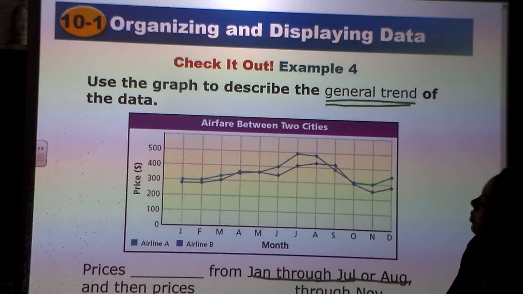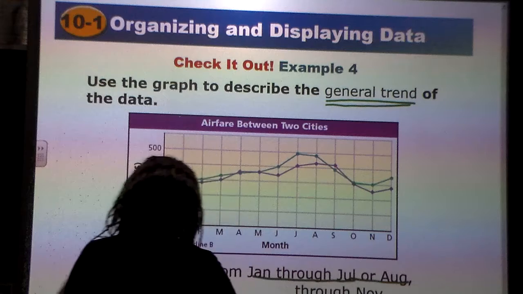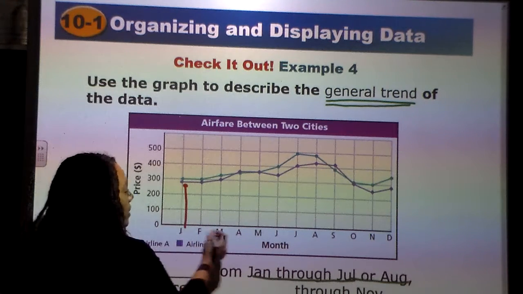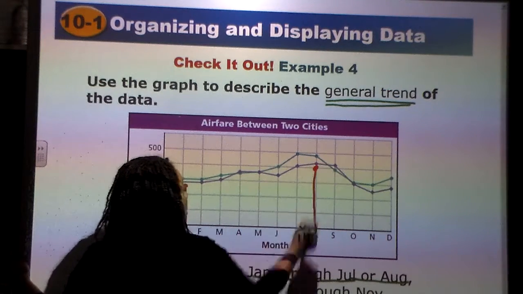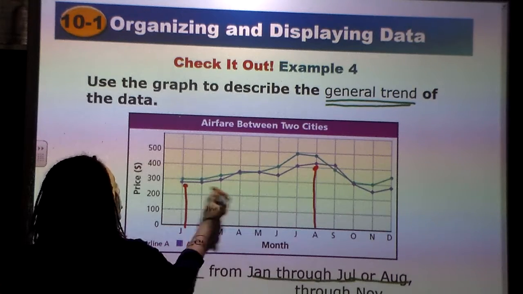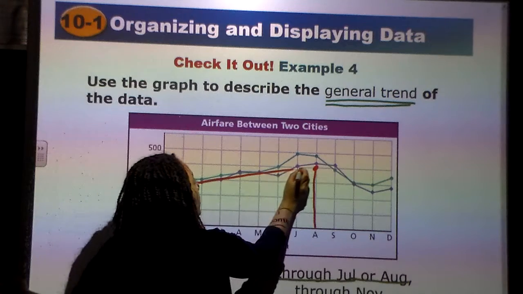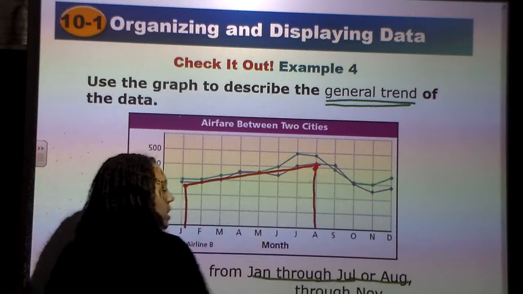So what do they do from January to July or August? I'm going to mark here for January. This is where we're at. And then to July or August, roundabout in this range. If I see where they're at, the general trend is that from this area to this area, it's increasing.